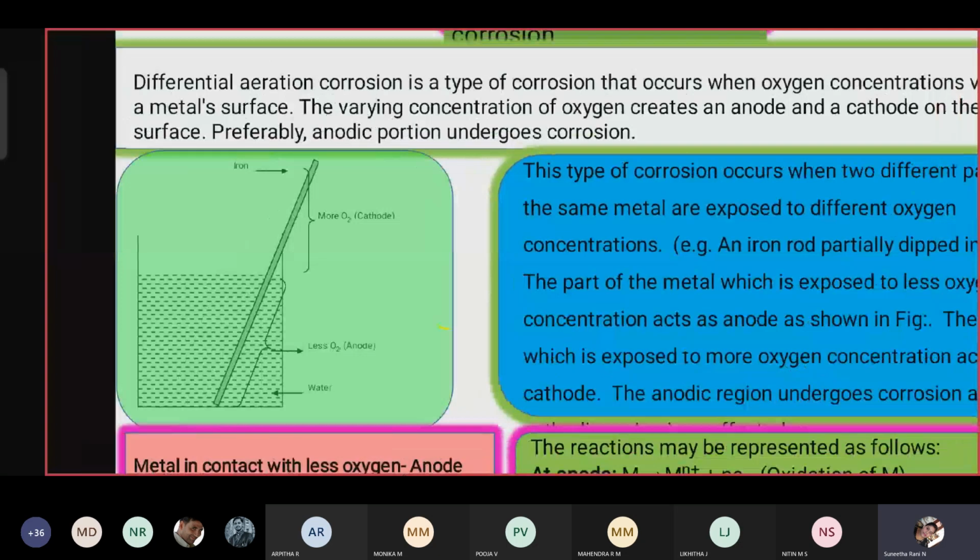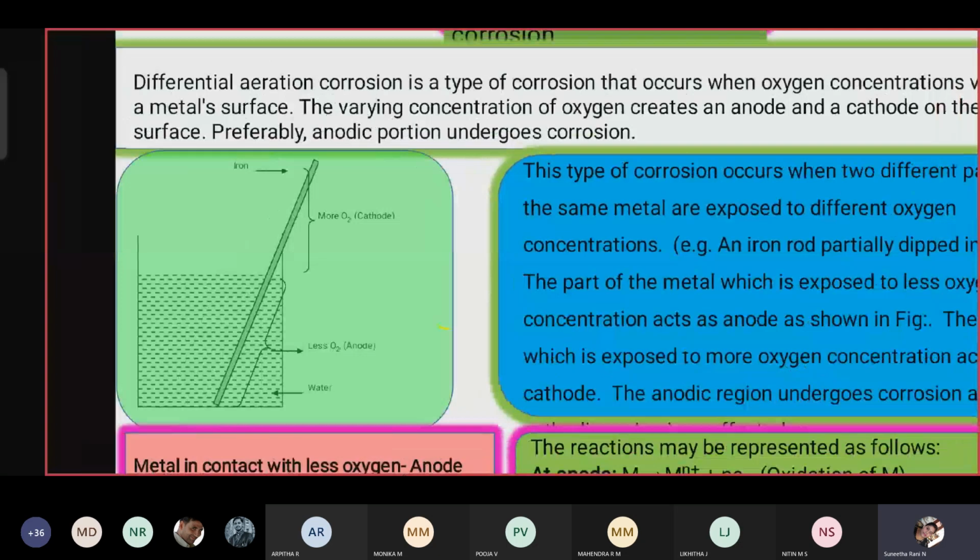Example, I have shown here. Take the iron rod, immerse half of the iron rod into the water, which is the less aerated portion, and the portion above, which is not immersed in the water or medium, acts as a cathode.